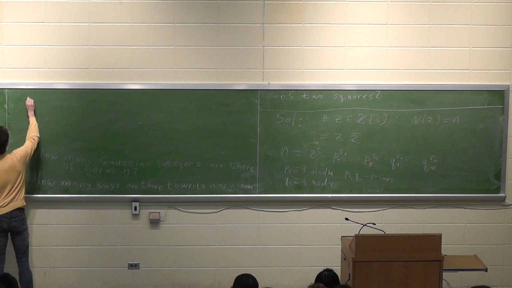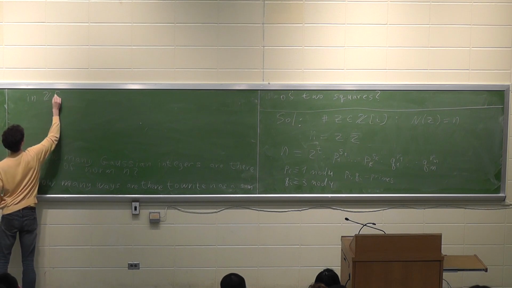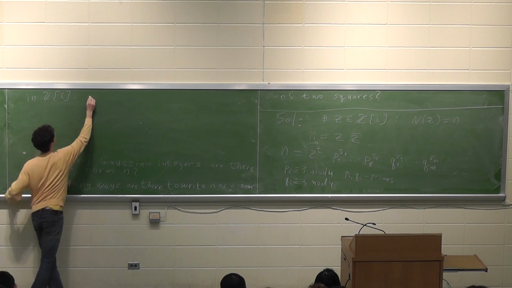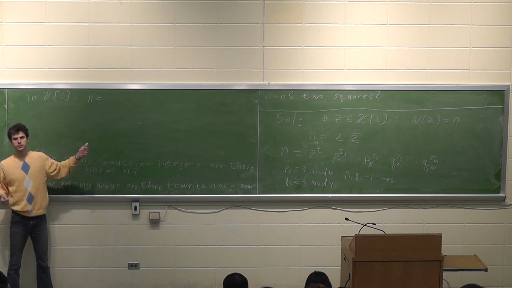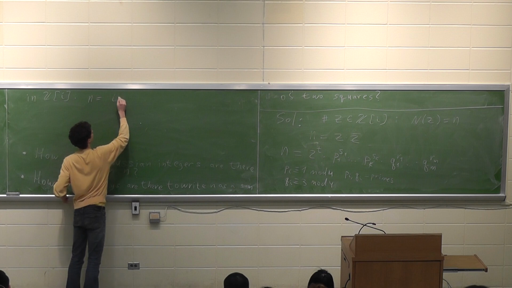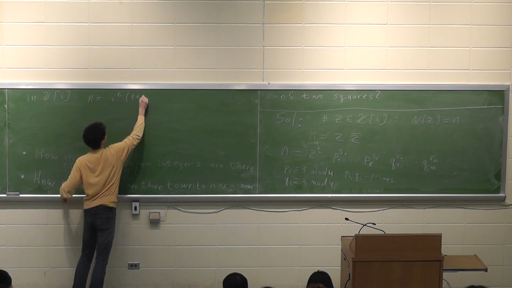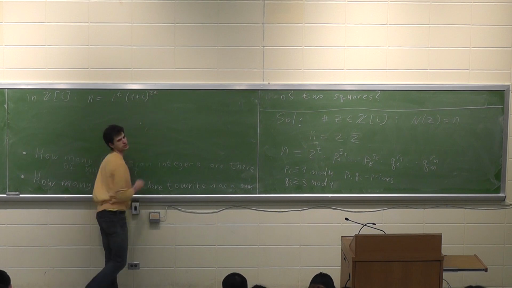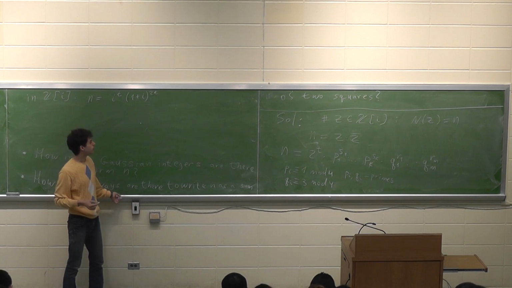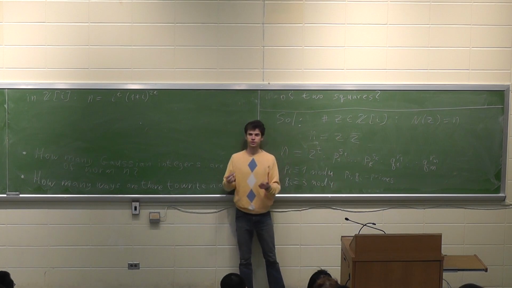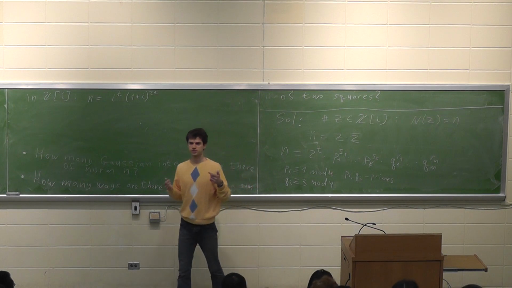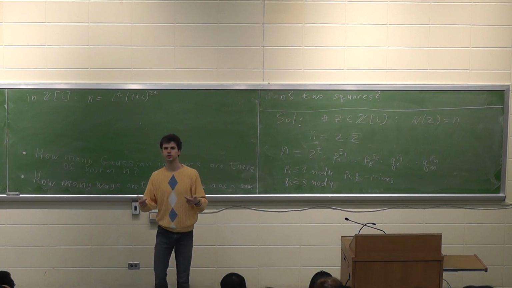So in Gaussian integers, we have the following factorization. So 2 is i to some power times 1 plus i to the power of 2t. Each one of these numbers can be factored as a product of some prime z times its conjugate.